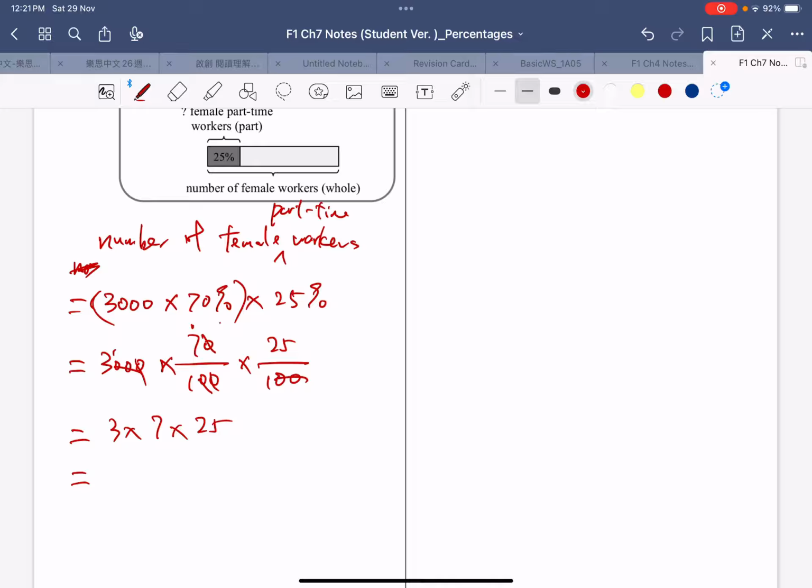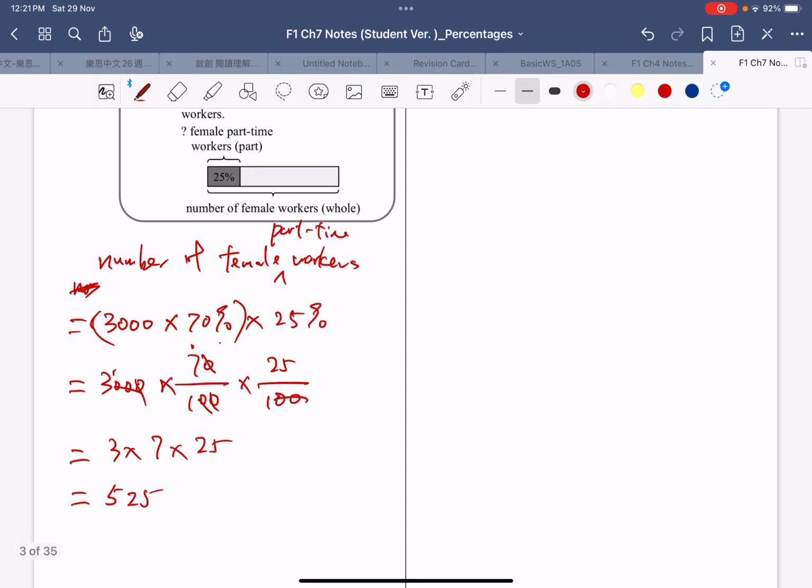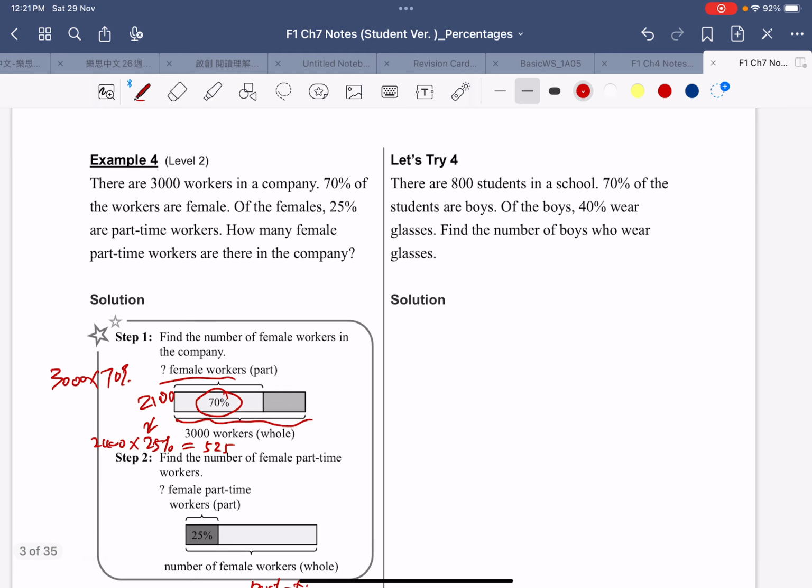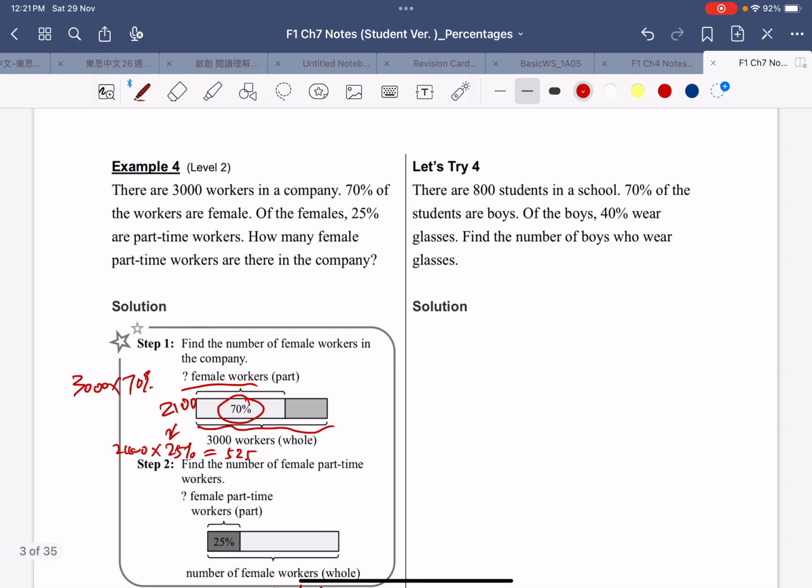What is it? 525. All in one step. That's the way to do it quick. Pause it and try the right hand side. Let's try 4.